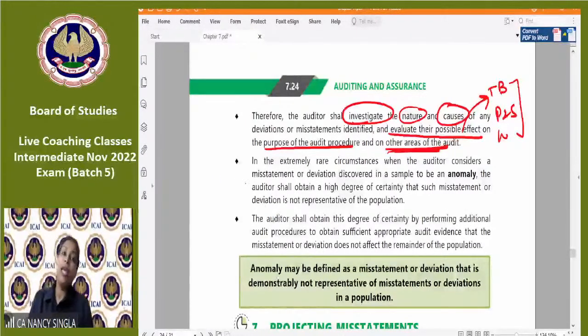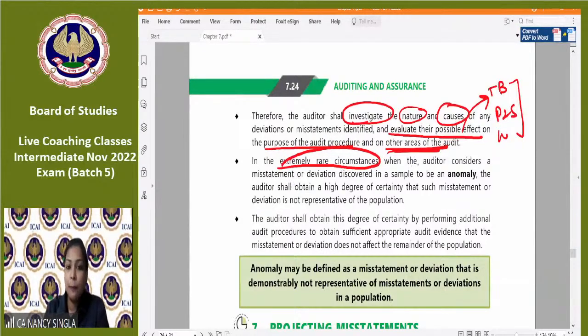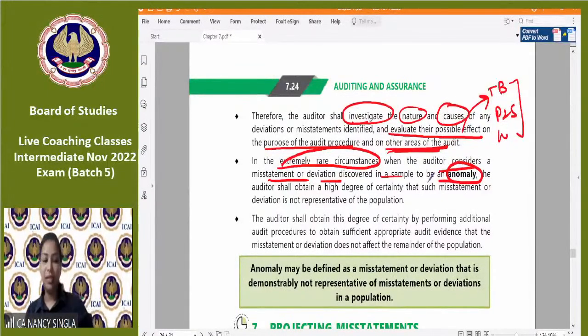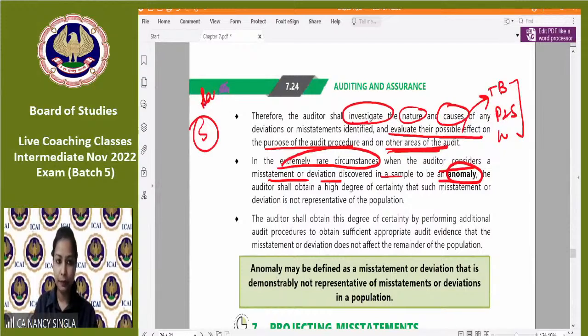Now, in extremely rare circumstances, when auditor considers a misstatement or deviation discovered in a sample to be anomaly. What is anomaly? See, students, it might happen. Let me just give you an example. That auditor selected 5 cash payment vouchers as a sample.